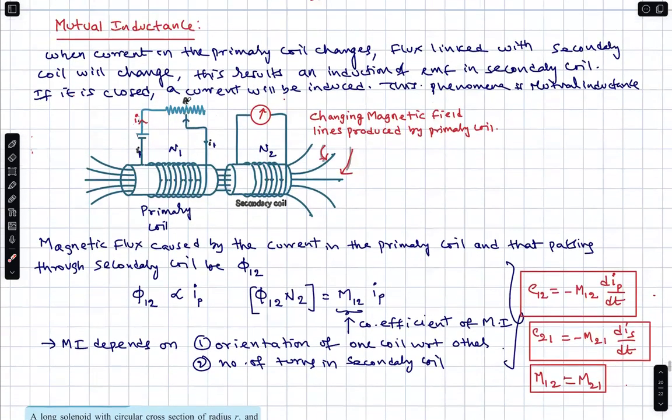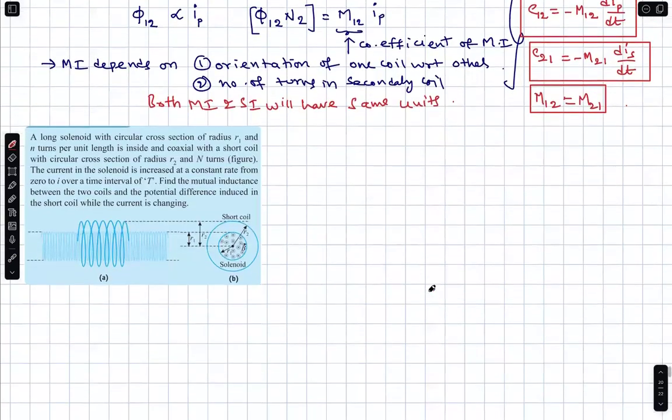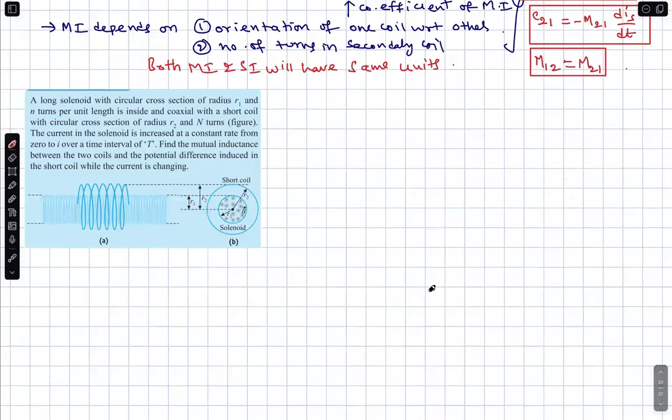So mutual inductance is that part. Both mutual inductance and self-inductance have the same units.